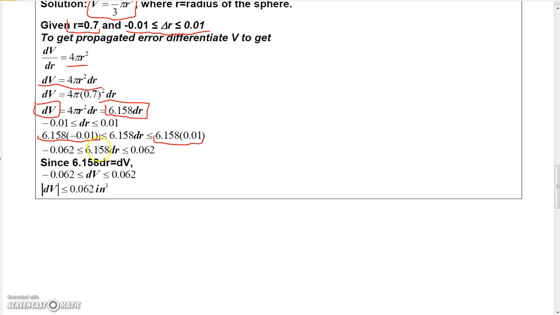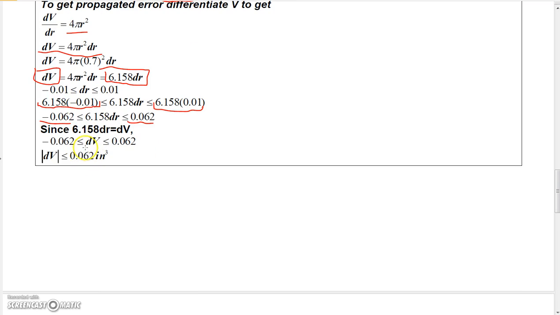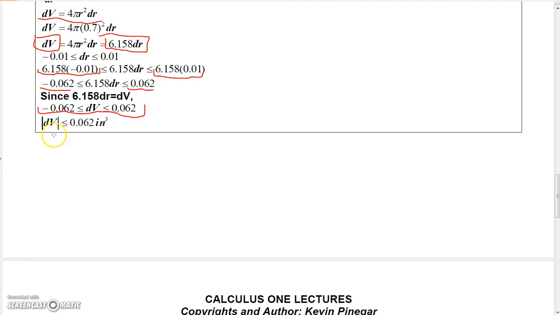In other words, 6.158 dr must be between negative 0.062 and positive 0.062. Since 6.158 dr is the same as dV from up here, we can say dV must be between negative 0.062 and 0.062.